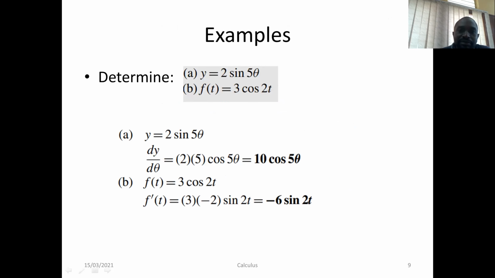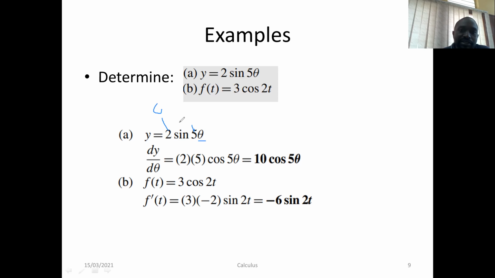We have two examples, A and B, where A is y equals 2 sine 5 theta. In this example, you notice that theta here represents an angle. This 5 here is a constant. Then you have this part here, which is a coefficient.